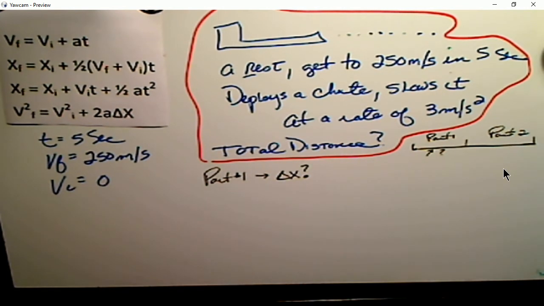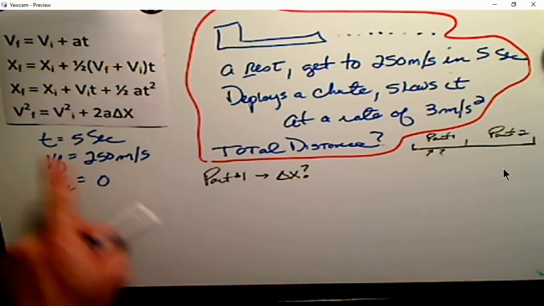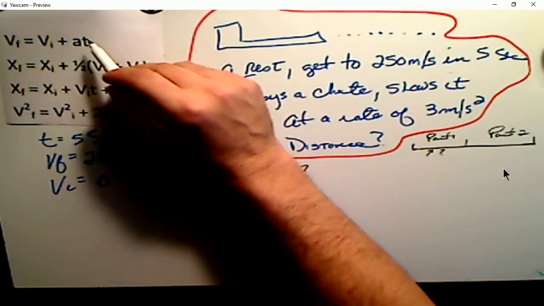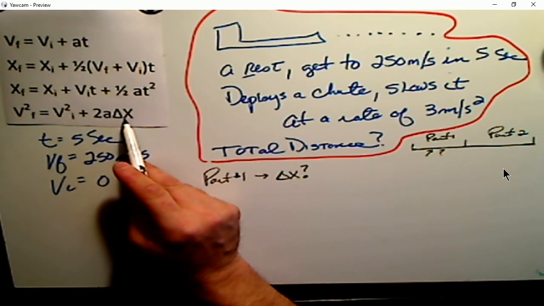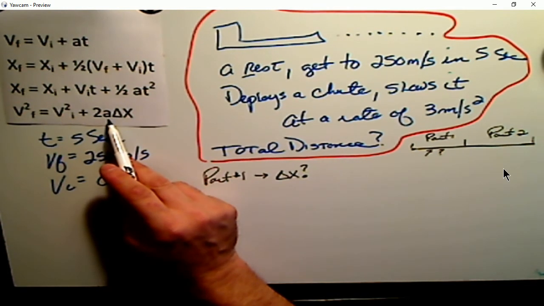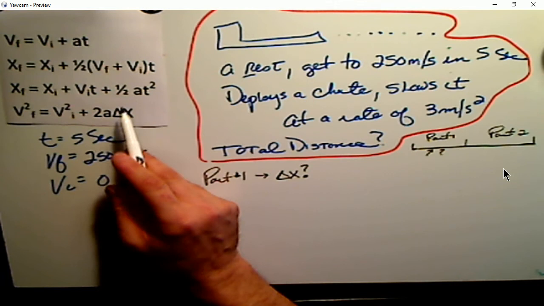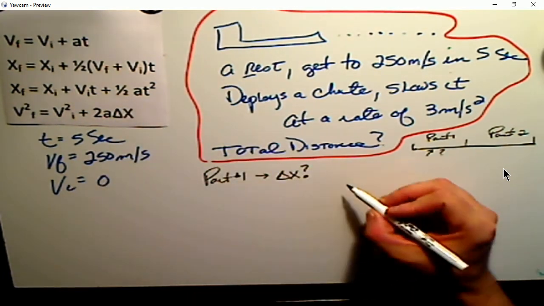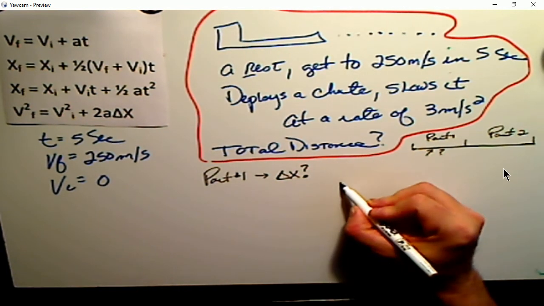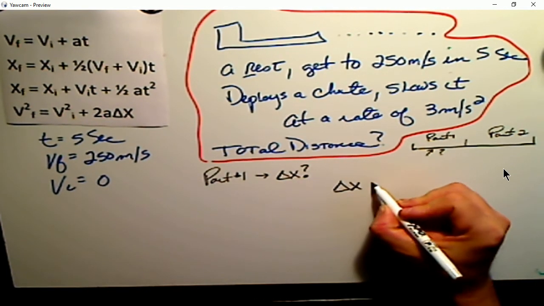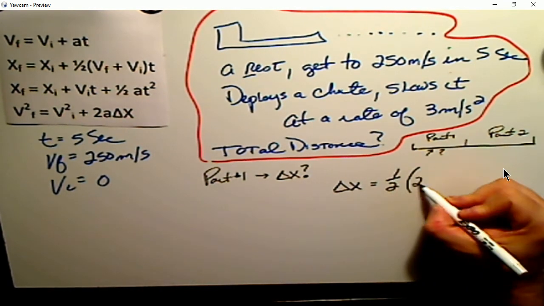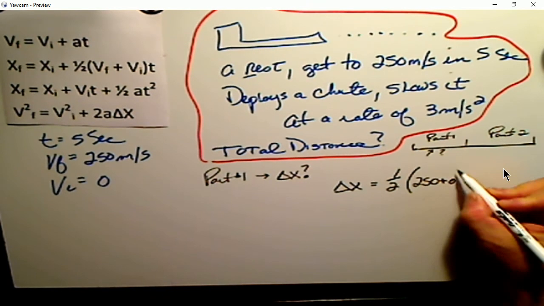Well, given these equations, what's the first thing that we can solve for? Here I'm looking for the change of distance, but I don't know the acceleration. I could use that second equation. X final minus x initial, the change in distance, is equal to 1/2 velocity final, 250, plus 0, times time.